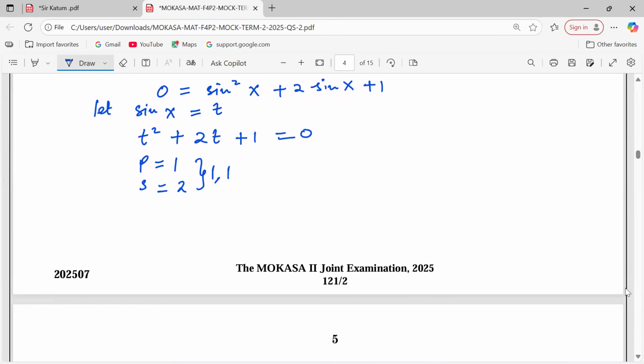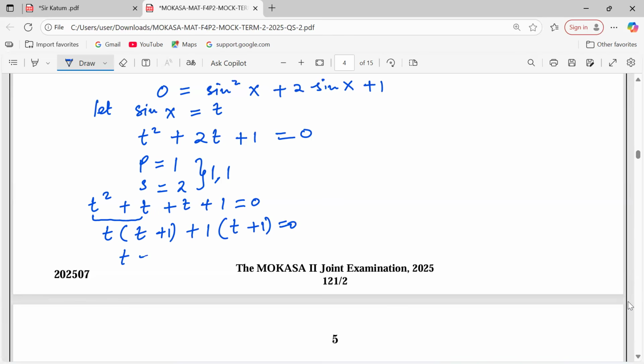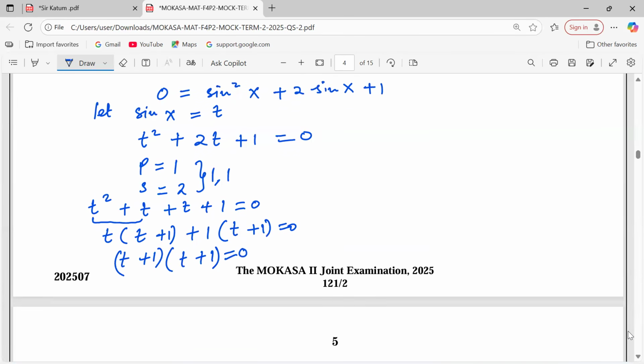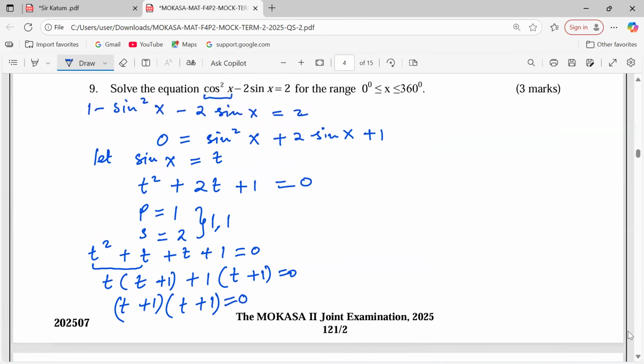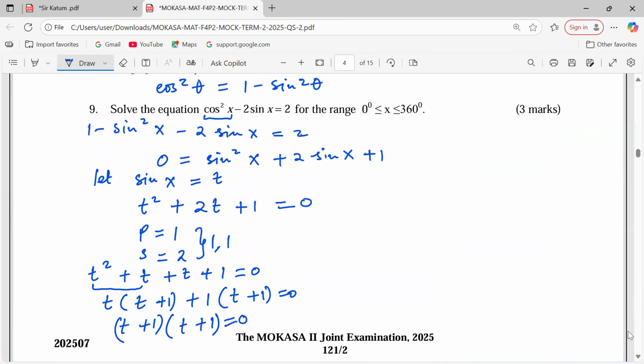So when you see the factors are the same, you should be concluding to yourself that this is likely to be a perfect square or an equation with repeated roots. Repeated roots means the value of t is just the same. So we remain with t plus 1, then we factor out 1 to remain with t plus 1. This is equal to 0. So t plus 1 equals 0, and also t plus 1 equals 0. That is according to what is in the brackets, t plus 1, outside the brackets, t plus 1.